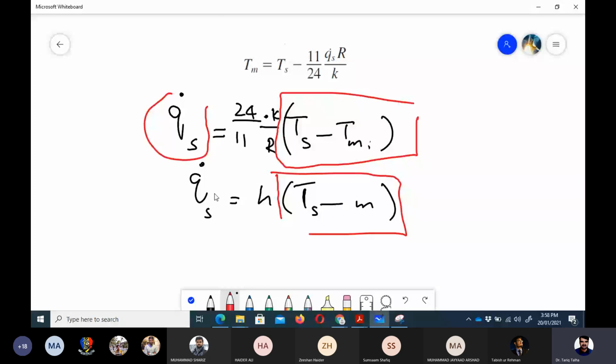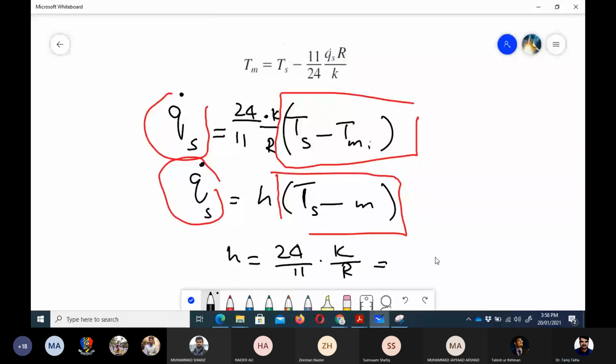So from here we can say that the h value is equal to 24 by 11 k upon R. If we write it in terms of diameter, it would be equal to 48 by 11 k upon D, because R is equal to D by 2, and the 2 would go into the numerator, making it 48.